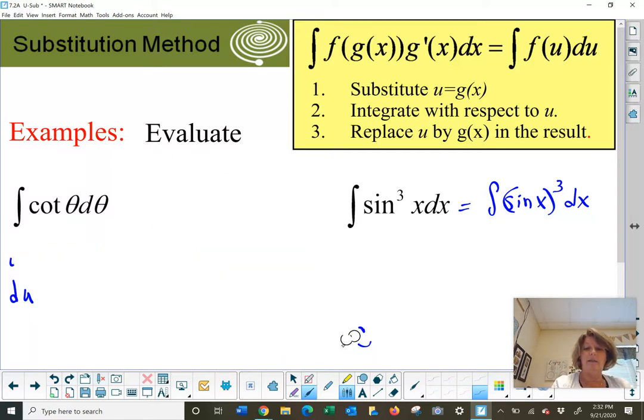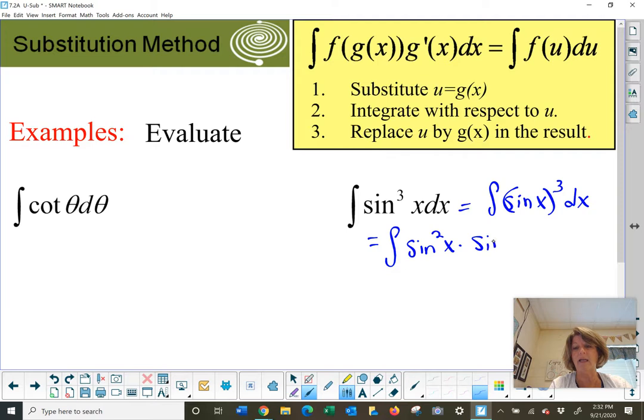Well, there is a thing about sine squared. What if we broke away and do sine squared x times sine x dx? And then sine squared is the same thing as 1 minus cosine squared x, sine x dx.